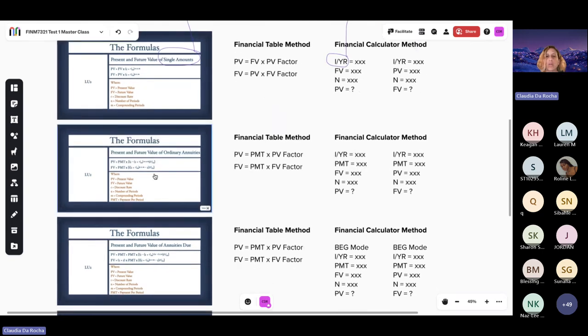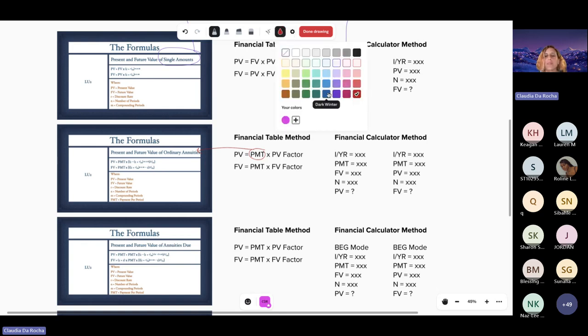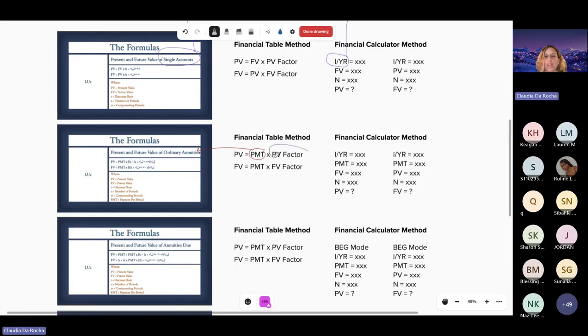Okay, so with your ordinary annuity, the only thing that changes now under the financial table method is that we are taking our payment. That is the amount that repeats. That is the only thing that's different. And then again, we get a present value factor and a future value factor, and that we get from our table, making sure that we get this from our annuity table.